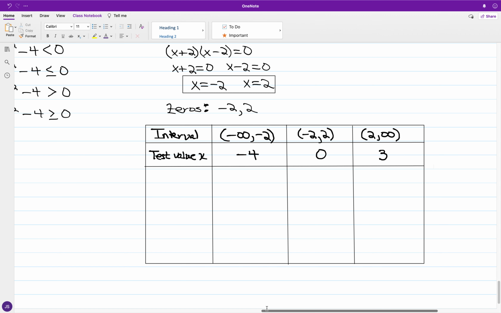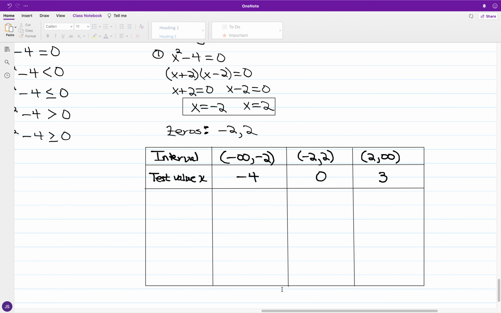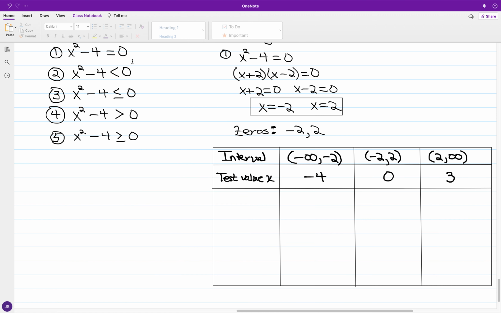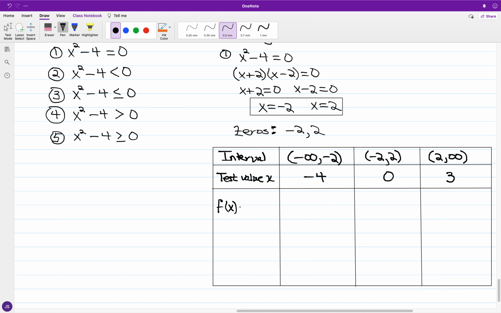And again, for the comparison to 0, you have the binomial expression x squared minus 4. So again, f of x is equal to x squared minus 4. If I test the value of the function for these inputs, for f of -4, -4 squared is 16, minus 4, and that is going to be +12.